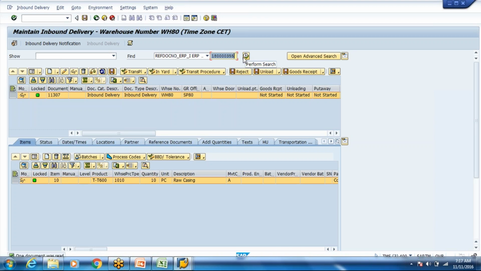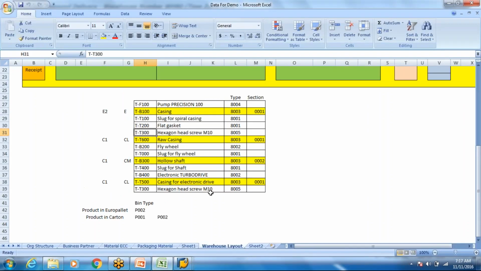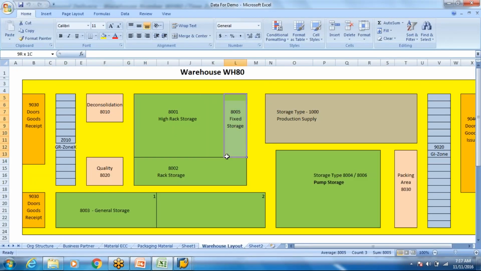If we take storage type 8005, it may be just one rack over here. Why is it here? Because it is easily accessible to production, so it reduces the time to supply to production.